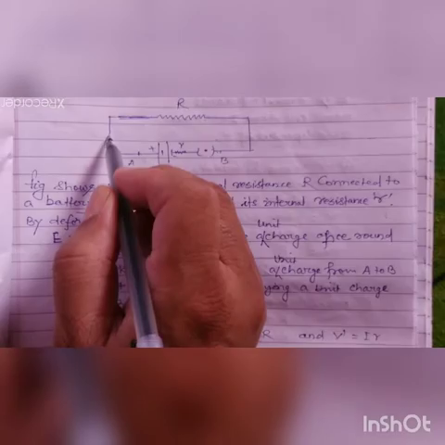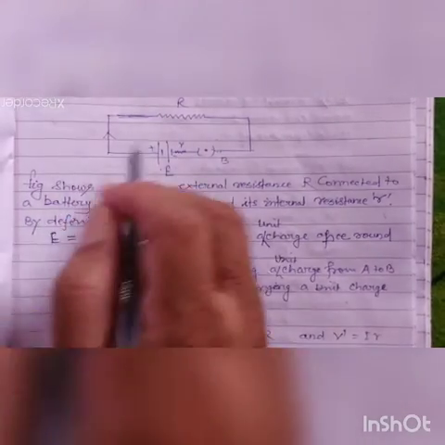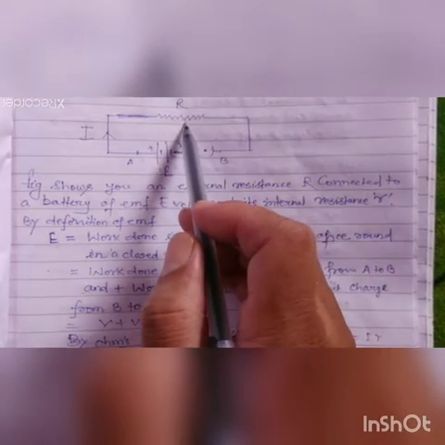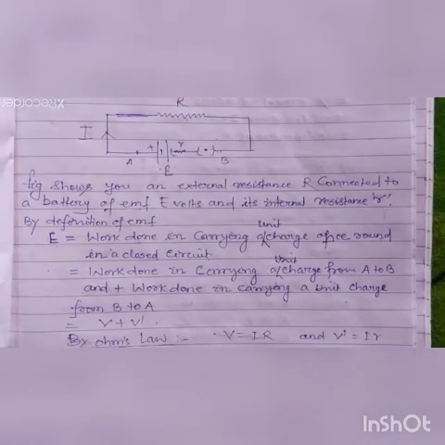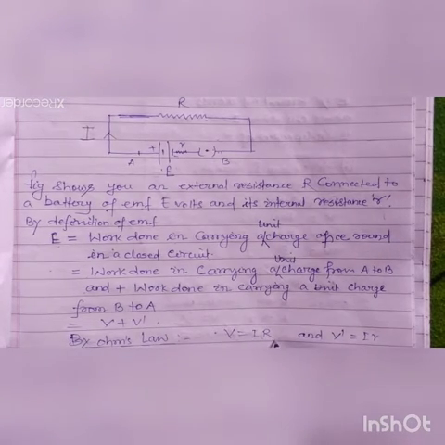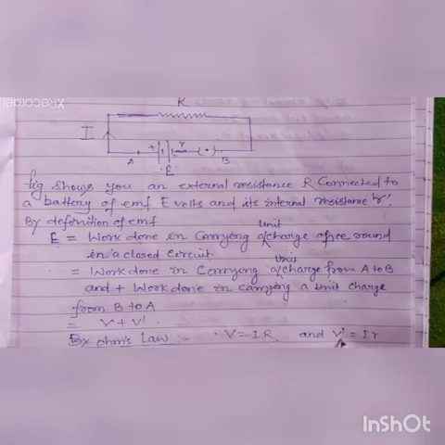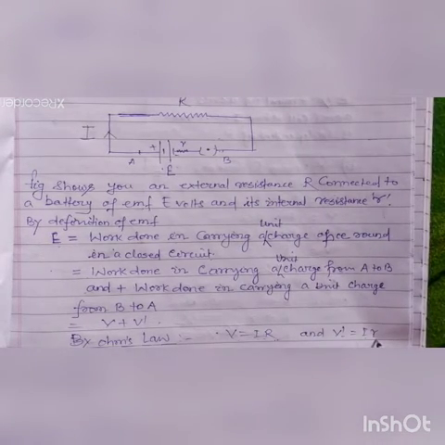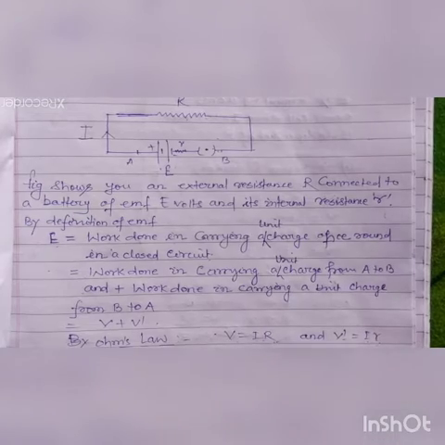Now if the external resistance draws current I from the cell, then the potential drop across the cell is I into R. So by Ohm's law, V is equal to I into R, and V dash is equal to I into a small r, that is internal resistance. Now put these values here.